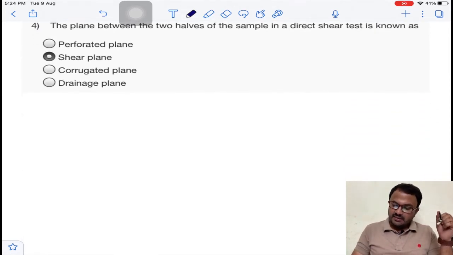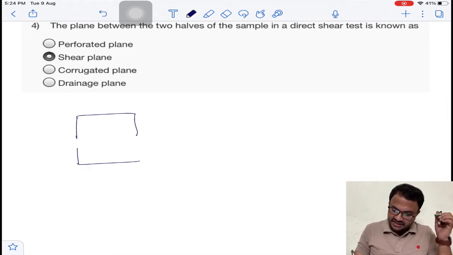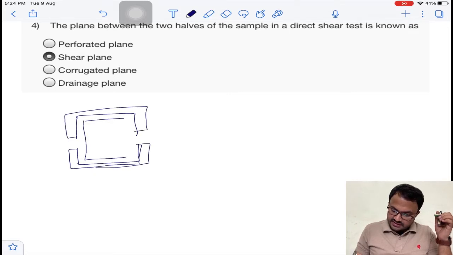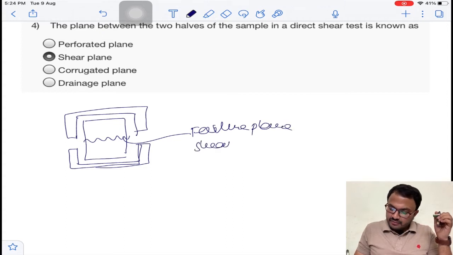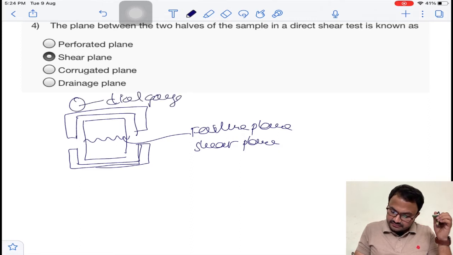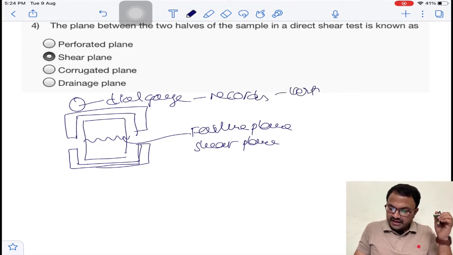Next: the plane between two halves of the sample in direct shear. For example, this is a direct shear box. This is a sample, and this plane is actually a failure plane. This failure plane is called the shear plane. Over this there is a dial gauge, which records vertical deformation.